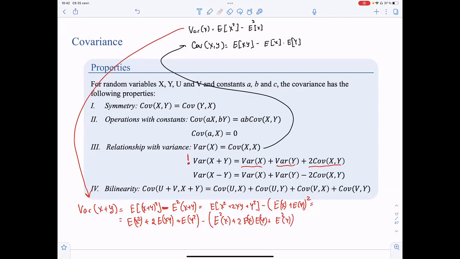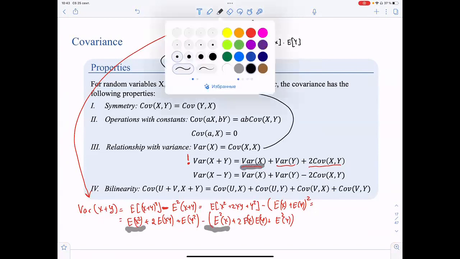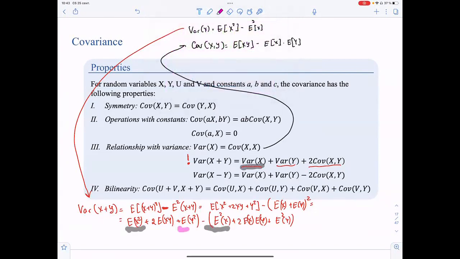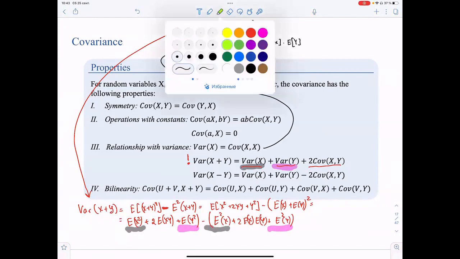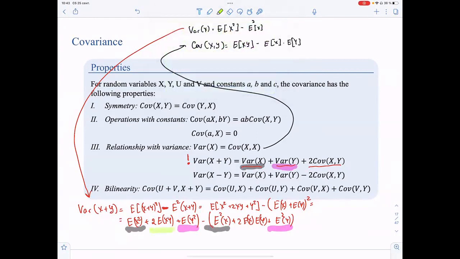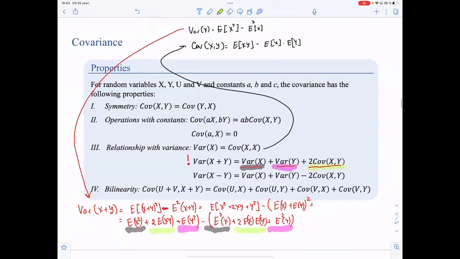And then I'm going to combine these elements. So that minus this gives you the first variance, the expectation of y squared minus the squared expectation of y gives you the second variance, and the double expectation of the multiplication minus the multiplication of expectations gives you the covariance as well.